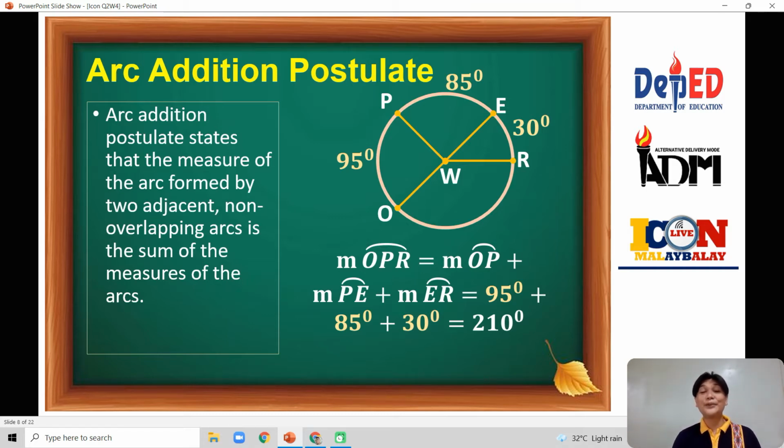It is equal to 210 degrees. And if we add to the 210 degrees the measure of our arc OR, the total is 360 degrees because the circle is being divided into arc OP, arc PE, arc ER, and arc RO. I hope you get that explanation.